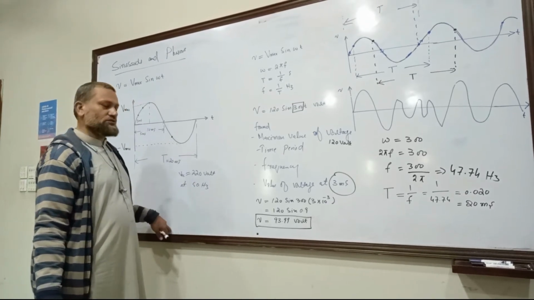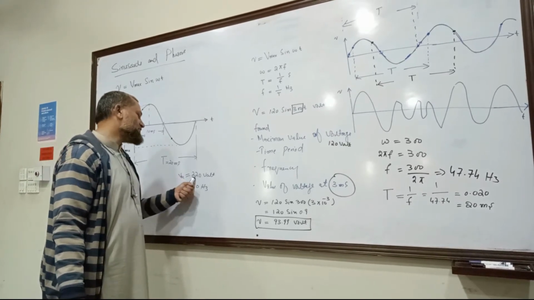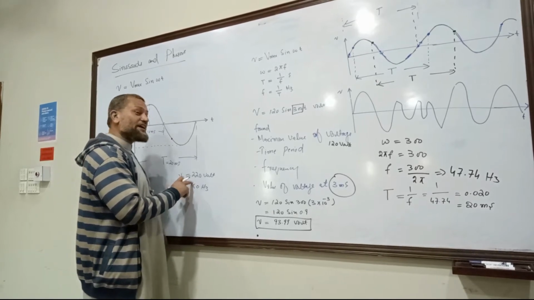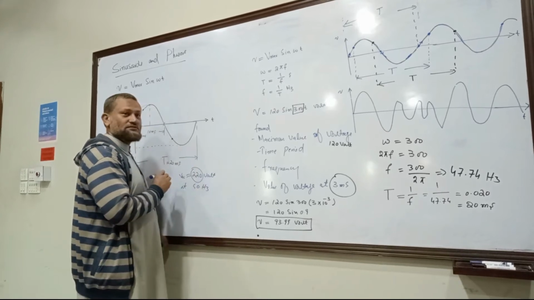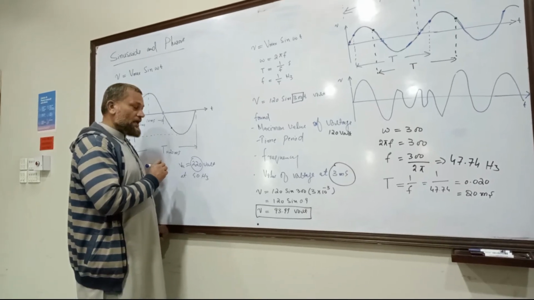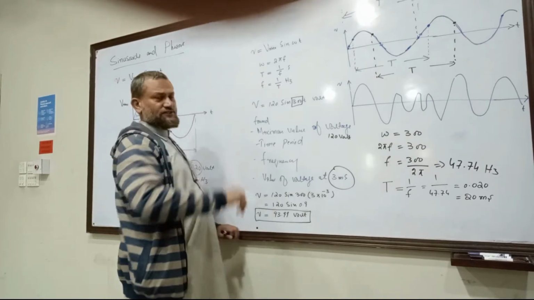And I asked you what will be the peak value for this. By the way, this 220 is in RMS value, root mean square. And why do we take an RMS value for sine waves?